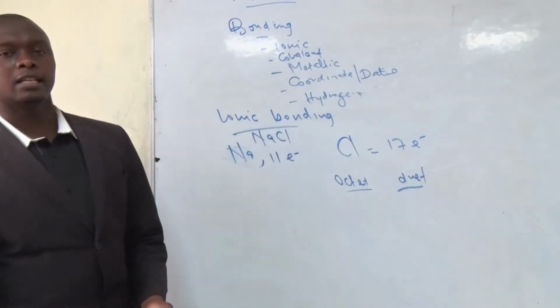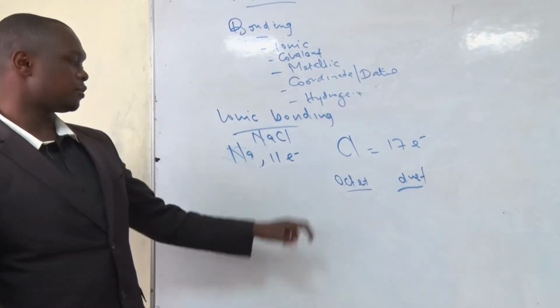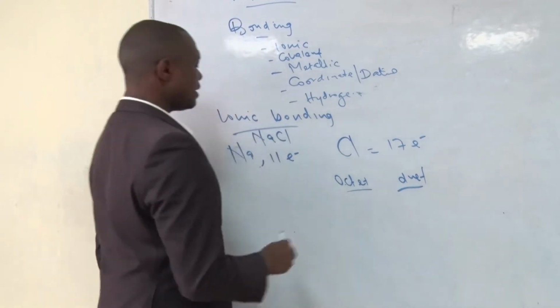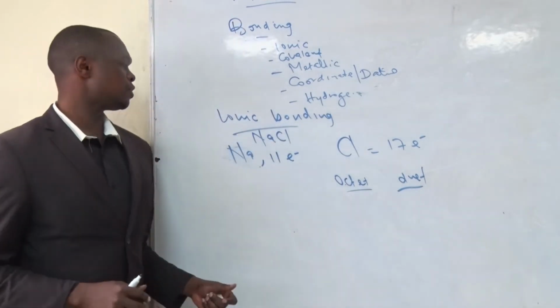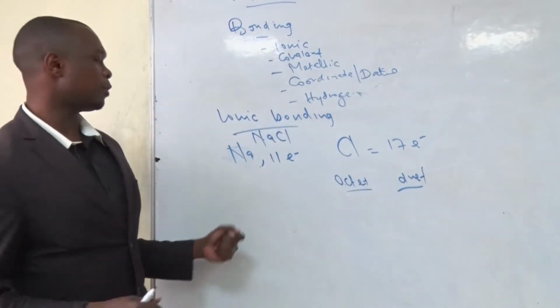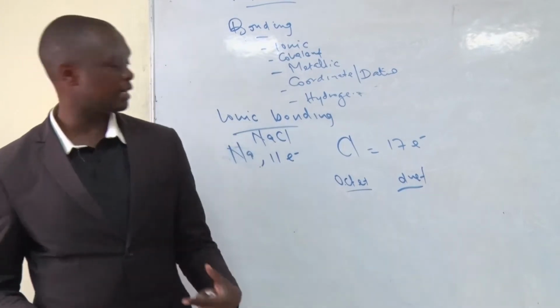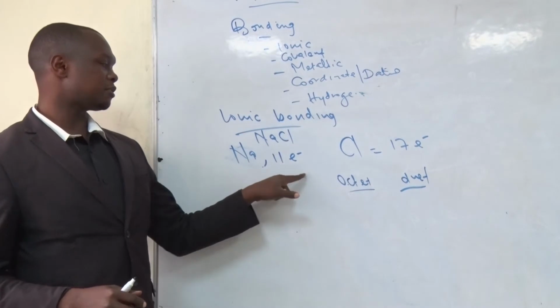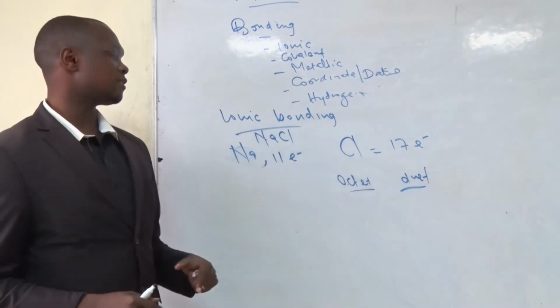Like you have seen in the electron configuration of various atoms that we have done sometime back. Now, I want us to look at the formation of the ionic bond, that is the bond between sodium and chlorine. We have said sodium has 11 electrons, chlorine has 17.